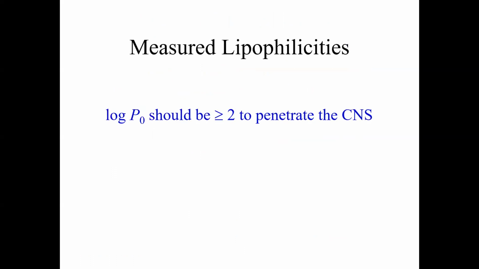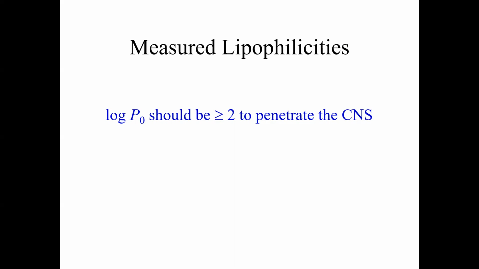For a drug that you want to develop for a CNS condition, and this is very important, it needs to have a log P value of more than 2 but less than 5. So you can maybe make a note of this: optimal CNS penetration for a lipophilic drug needs a log P between 2 and 5. If it's less than 2, the drug is not lipophilic enough to cross the blood-brain barrier.